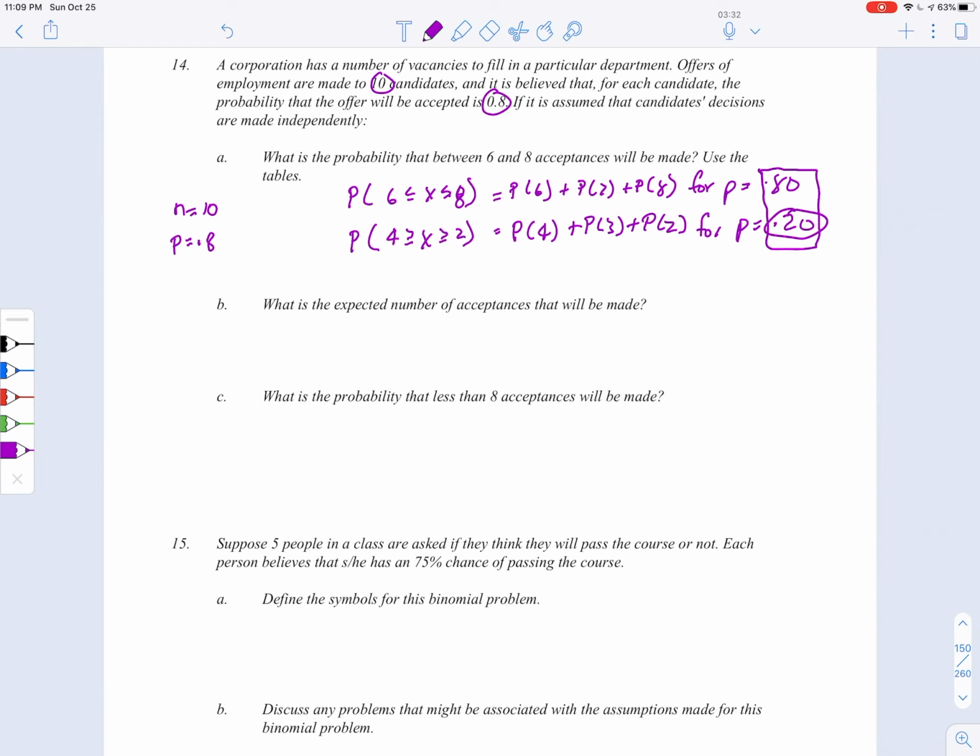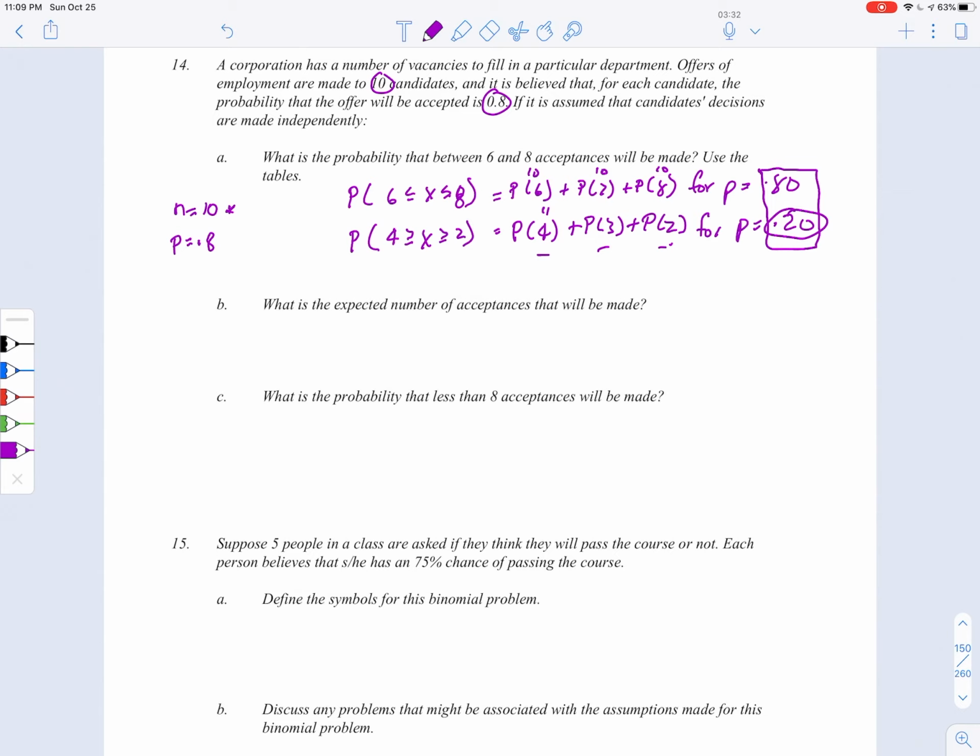And then, if you take a look at these, 10 minus 6 is equal to 4. 10 minus 7 is equal to 3. And 10 minus 8 is equal to 2, right? Because our n was 10 here. So you take n minus x, and you look these up in the table.